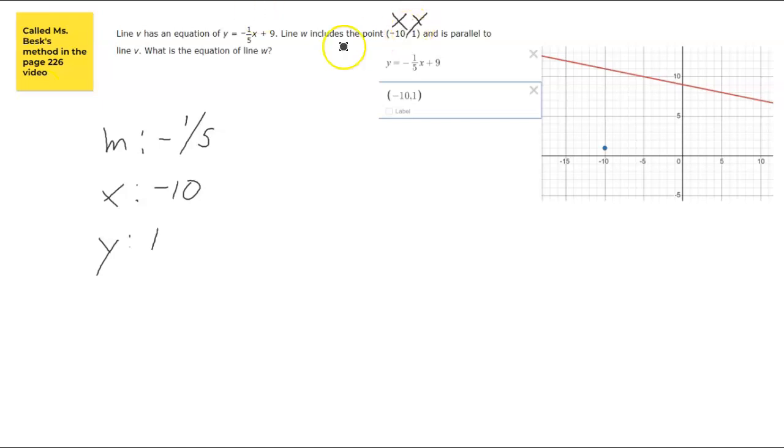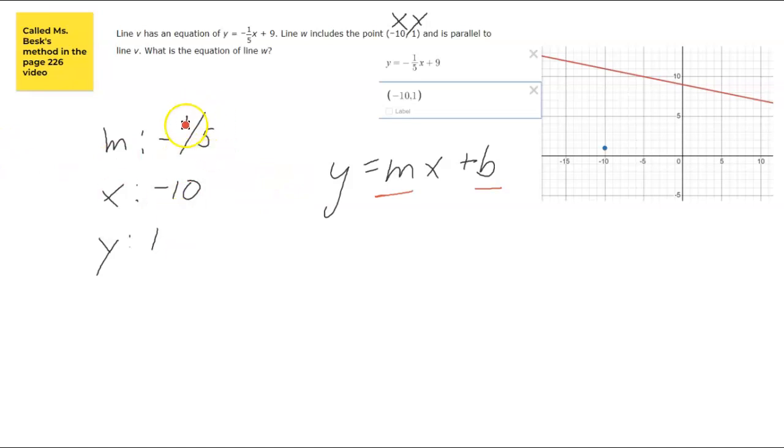So now the next thing that we need to be able to know to write an equation, because our equation is going to be in this format, y equals mx plus b, we need to be able to know what the slope is and what the y-intercept is. But we already know what the slope is.